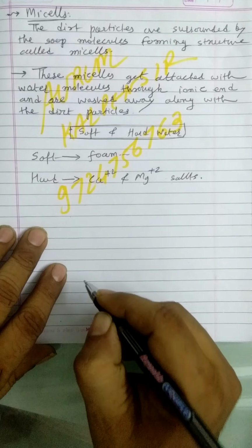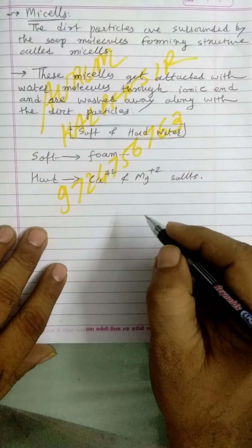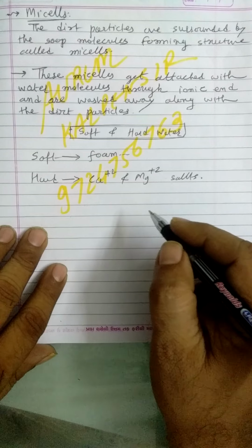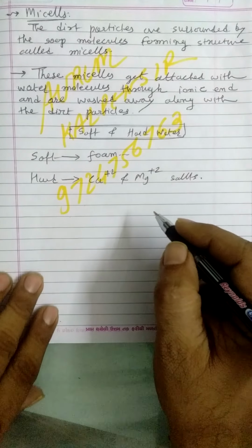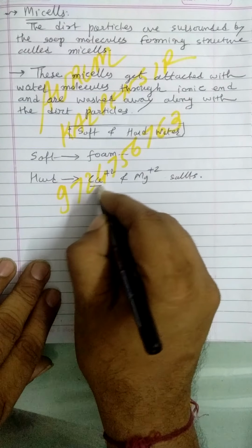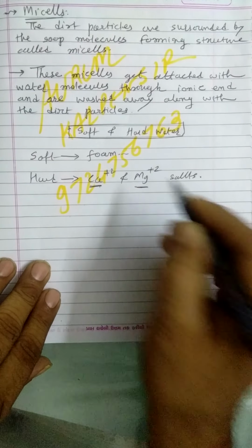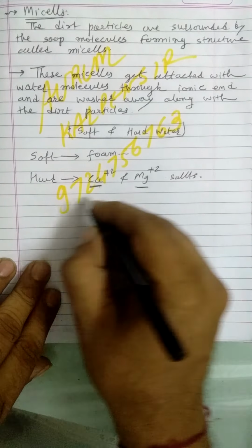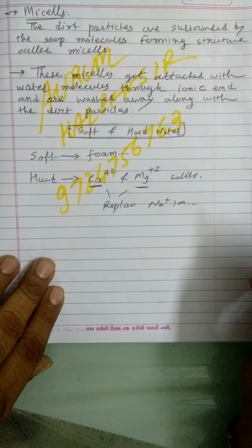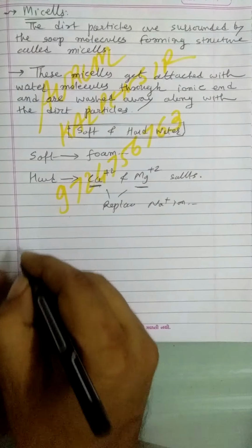When these salts react with soap molecules, they form precipitates instead of lather. In hard water, calcium and magnesium ions replace the sodium ion from the fatty acid salt.